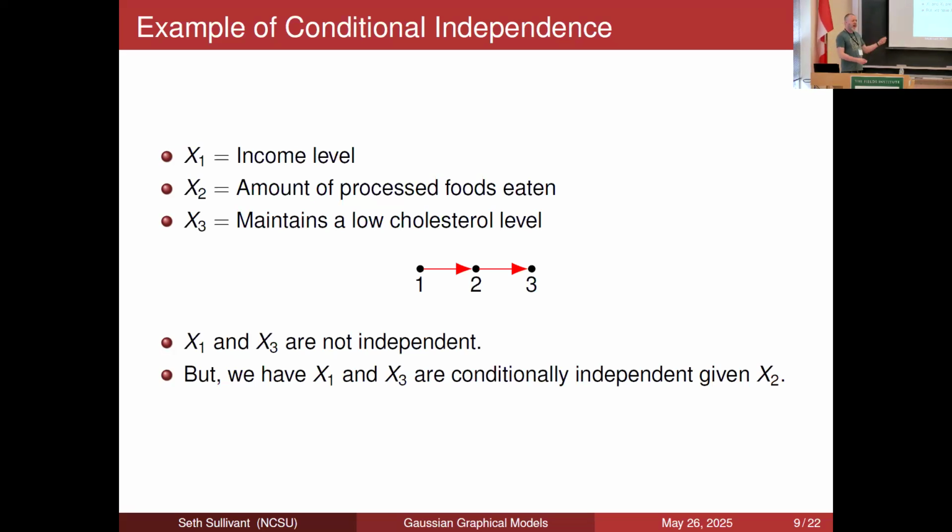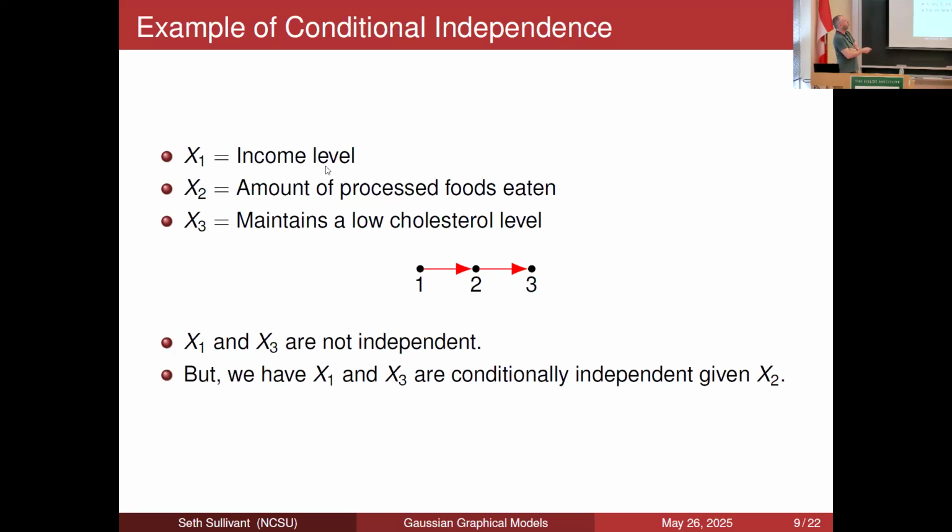So those things are not independent of each other. But they don't have a direct causal relationship, because there are intervening things. If you make more money, that leads to different behaviors that then lead to you having a lower cholesterol level, or access to better healthcare or whatever.